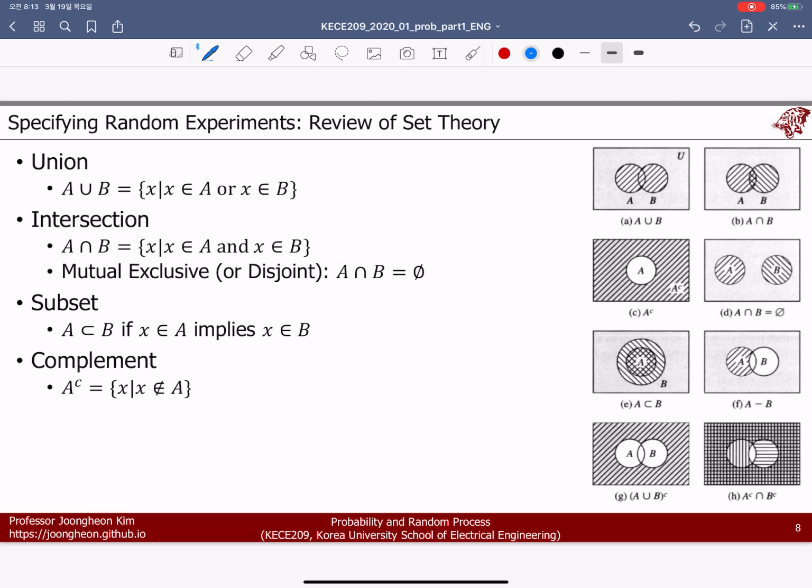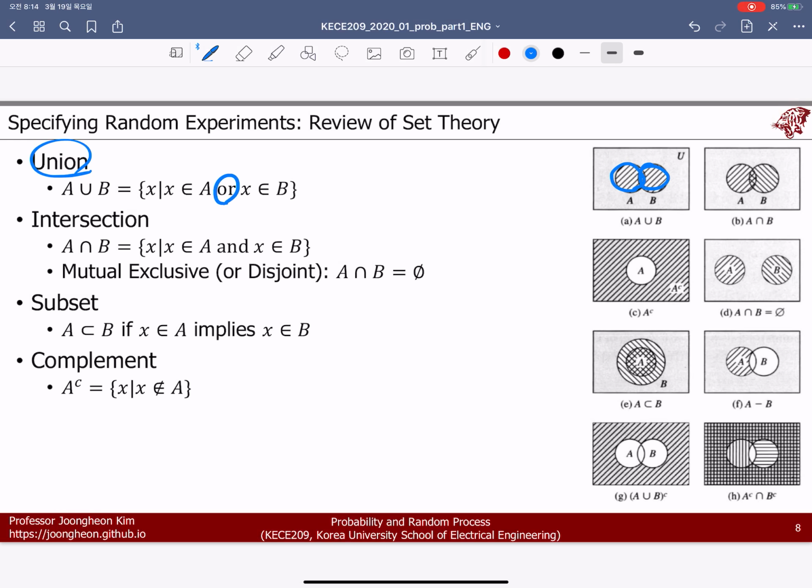And now it's time to look at set theory. It is very easy, and you may have studied this during your first year of high school. First of all, you may know what the union is, right? Union means it can be A or it can be B, so you can do both.